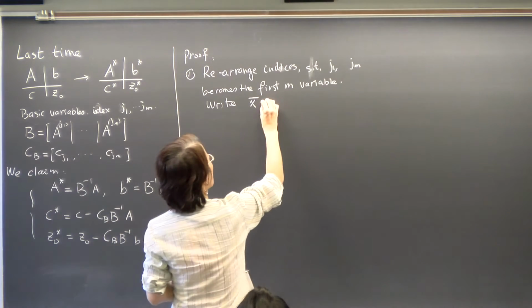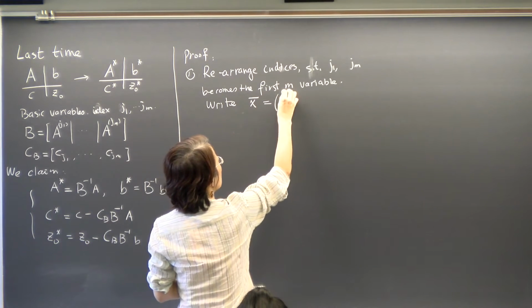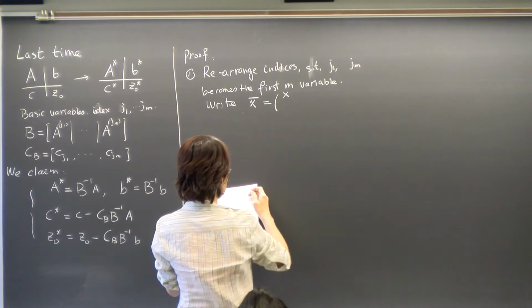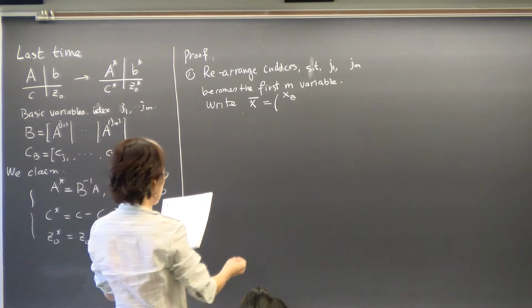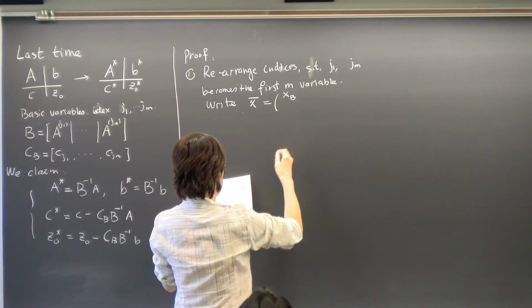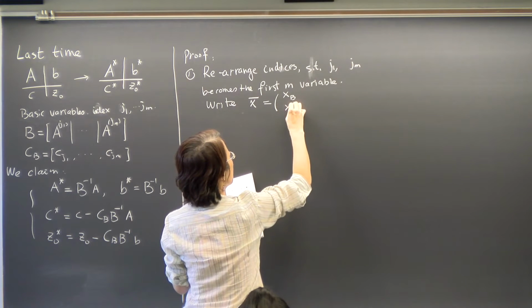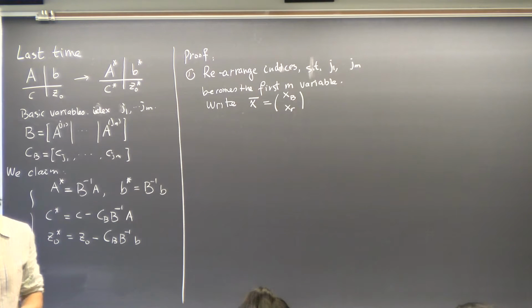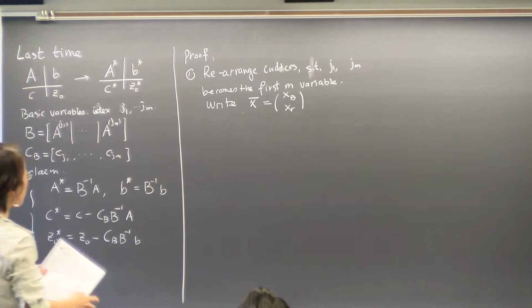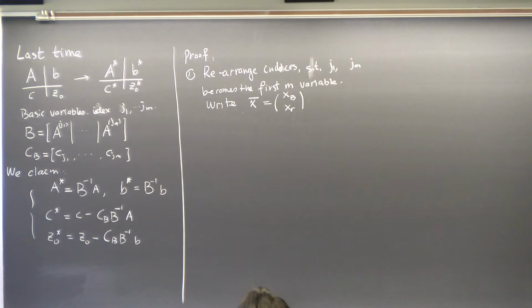So if I rearrange, then I can rewrite my x, and I will have the basic variables, xB. That will be the first m. And then I have the rest. I'll just call it xR. R is for the rest. It doesn't matter the ordering. Just put them there. And then I can rearrange the A matrix in the same way.